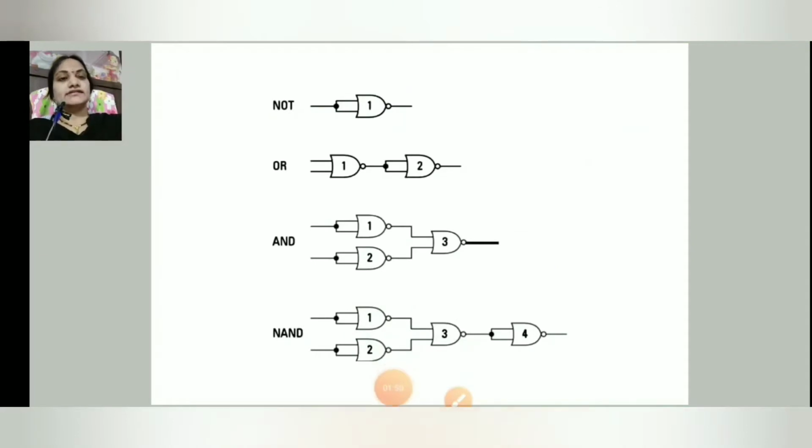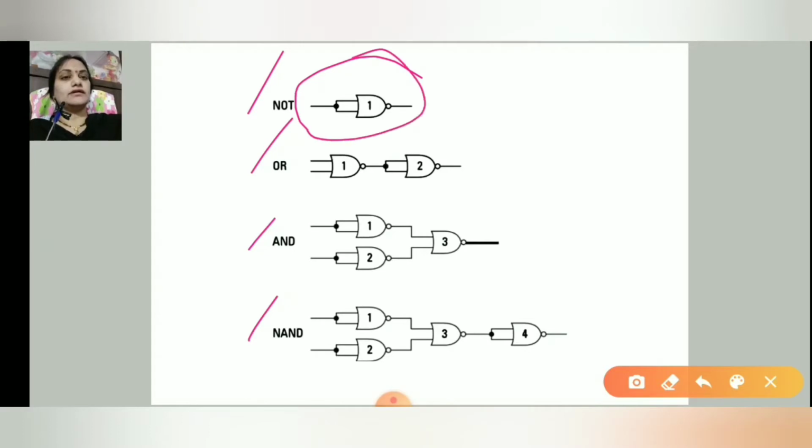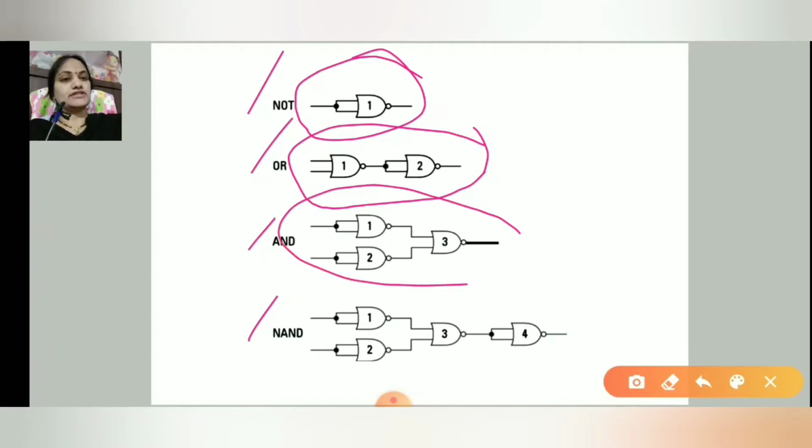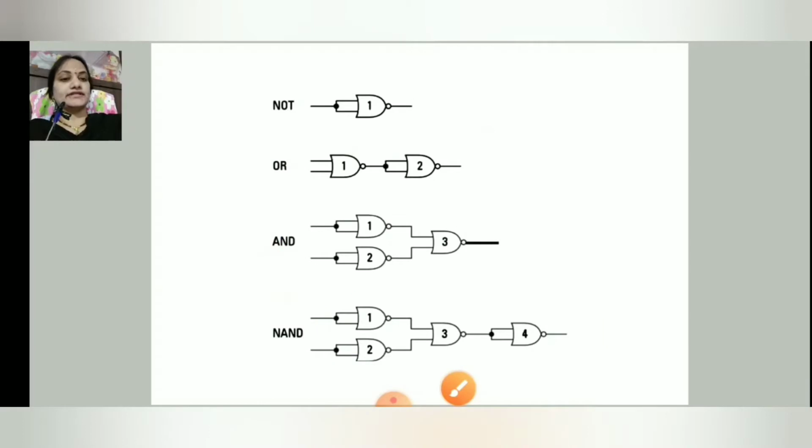These are the circuits for NOT gate, OR gate, AND gate, NAND gate. Okay. For NOT gate, we require only one NOR gate. For OR gate, we have required two NOR gates. For AND operation, we require 3 NOR gates. For NAND operation, we require 4 NOR gates.